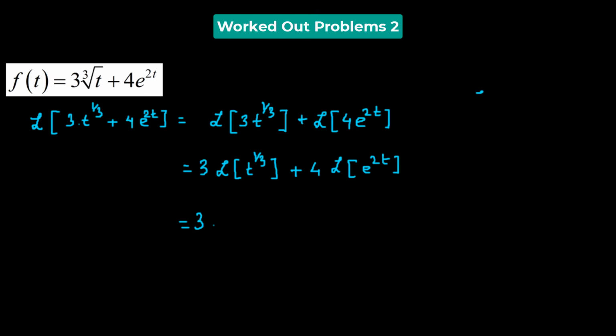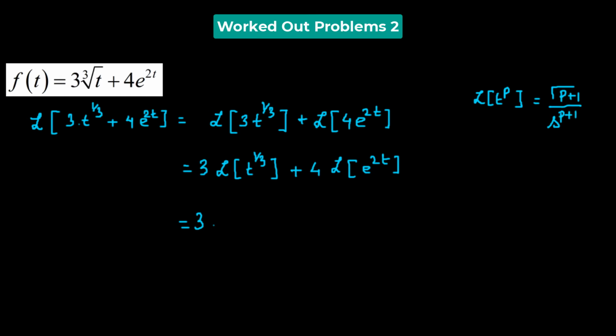So this will be equal to 3 multiplied by the Laplace transform of t raised to the power of 1/3, so here we are going to use the formula. The Laplace transform of t raised to the power of p is simply equal to gamma of p plus 1 divided by s raised to the power of p plus 1.